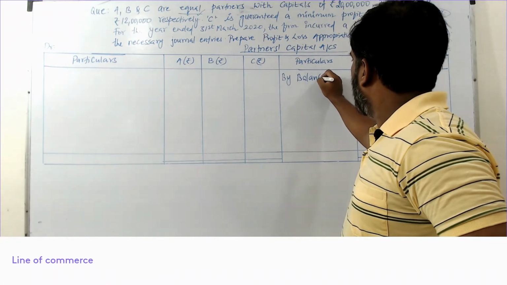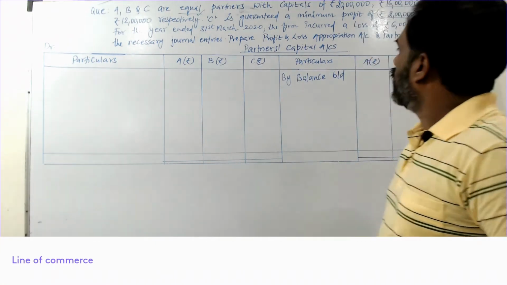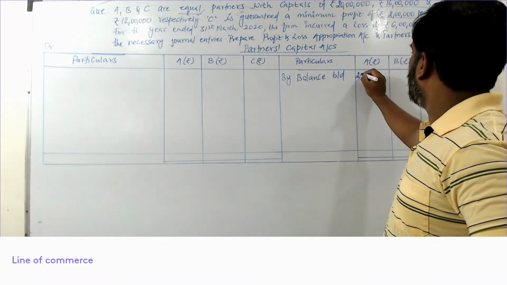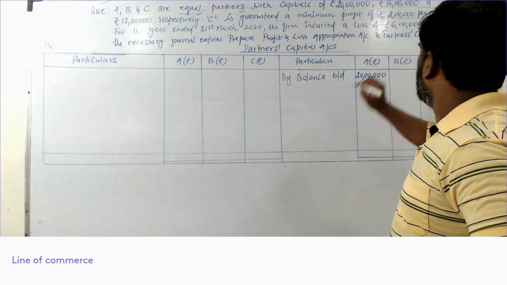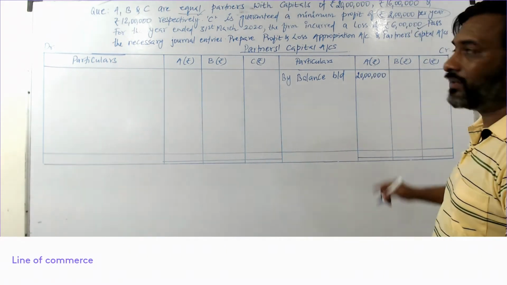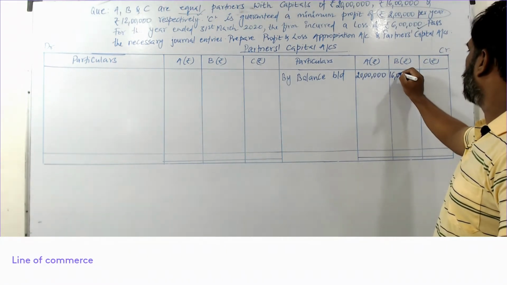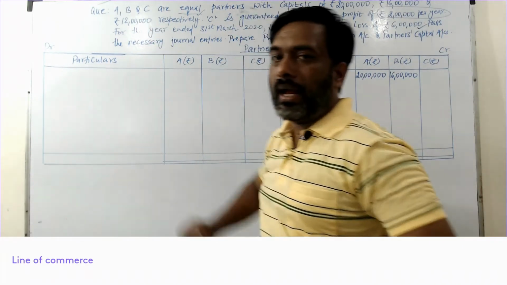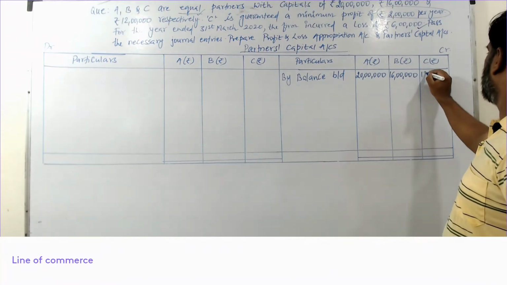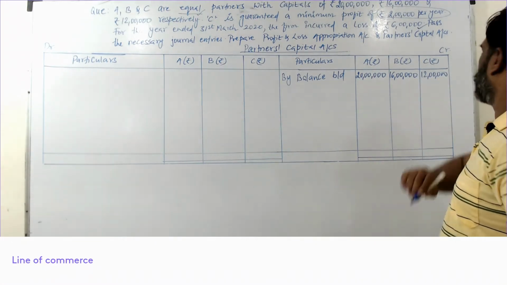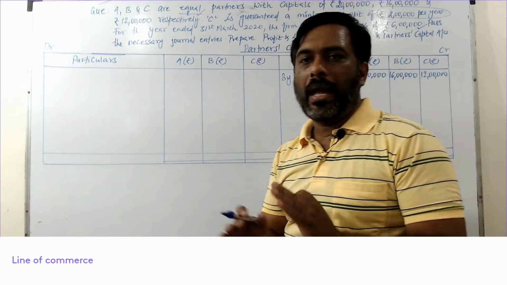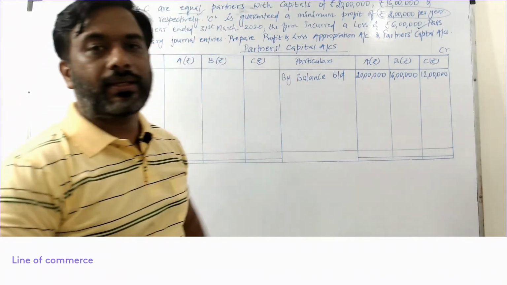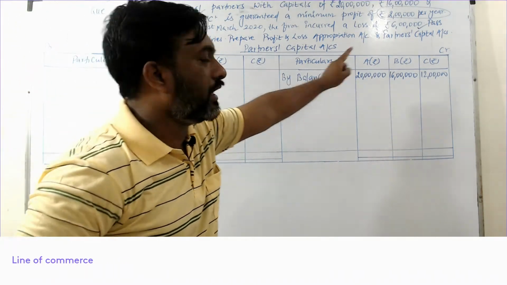The opening balances of each partner are 20 lakh for A, 16 lakhs for B and 12 lakh for C. So opening balances of capital, we have posted on the credit side by balance b/d for each partner.